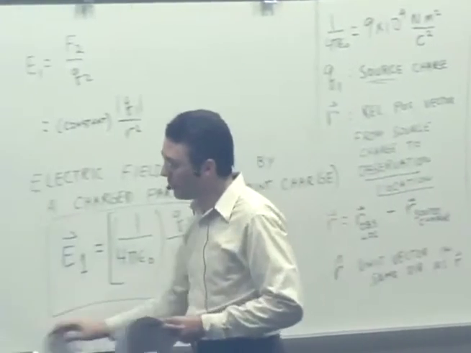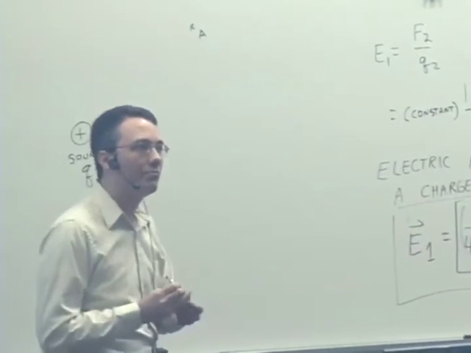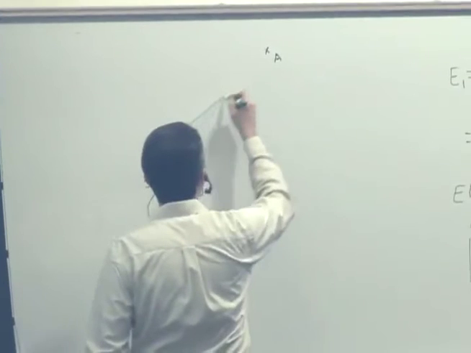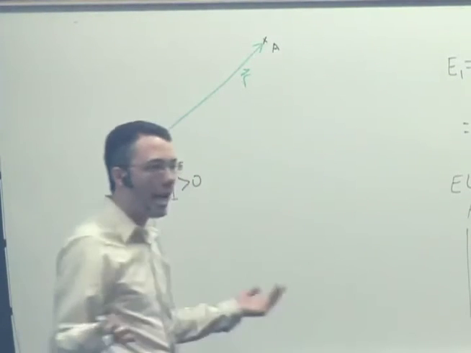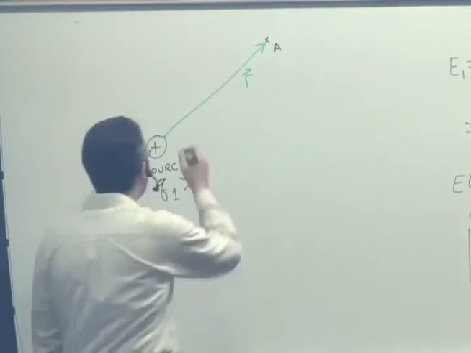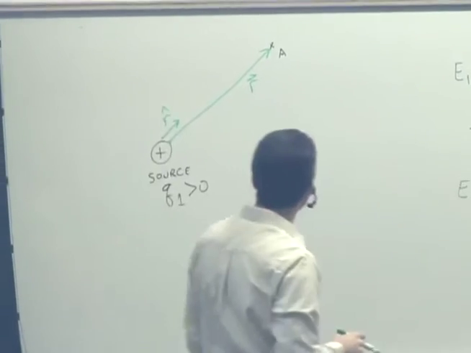The R vector is going to point in what direction? Everybody point with your fingers. Up like that, right? From the source to the observation location. So that's R, and therefore R hat, same direction, right? So this R vector always is pointing away from the source to the observation location.